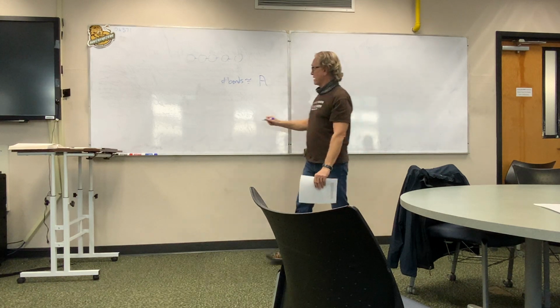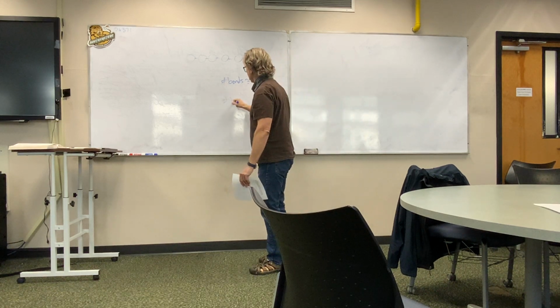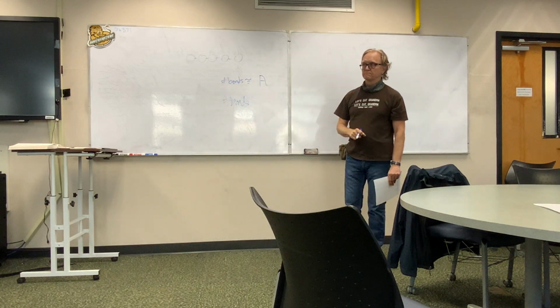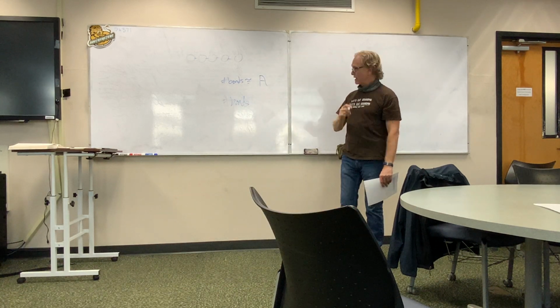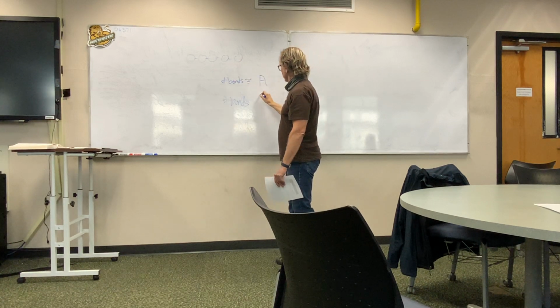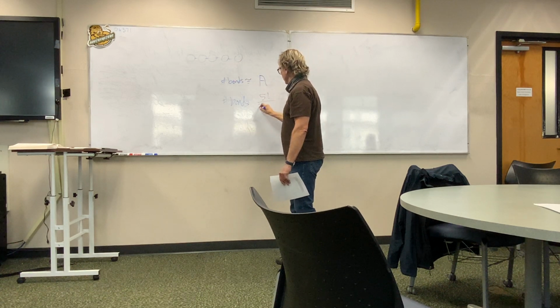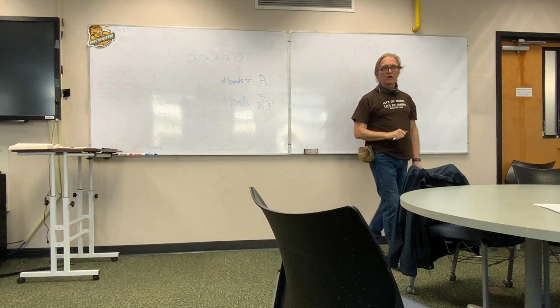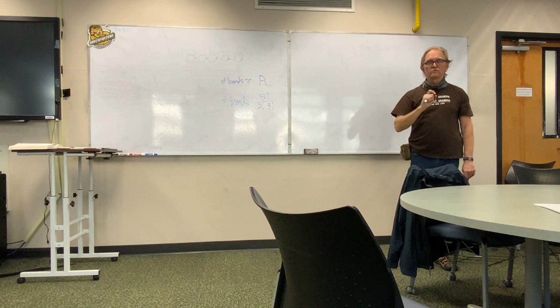Tell me how many bonds I have. Okay, it's going to be 1, 2, 3, 4, 5. Choose 2. I got 5 particles, and they're going to interact in pairs.